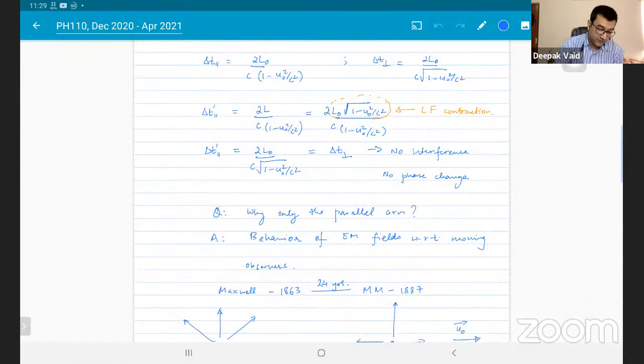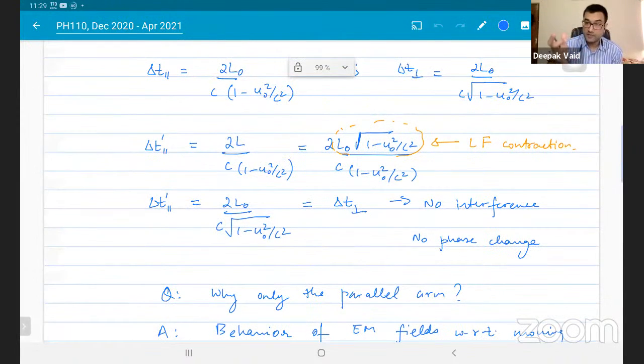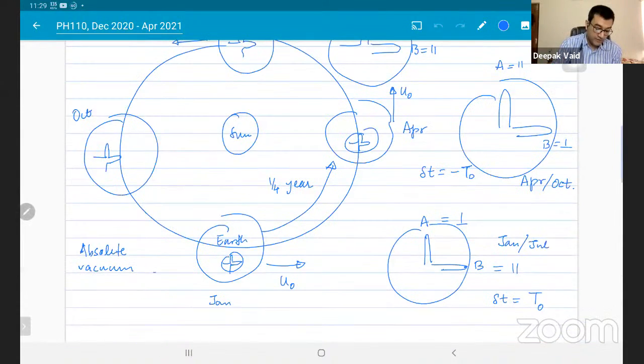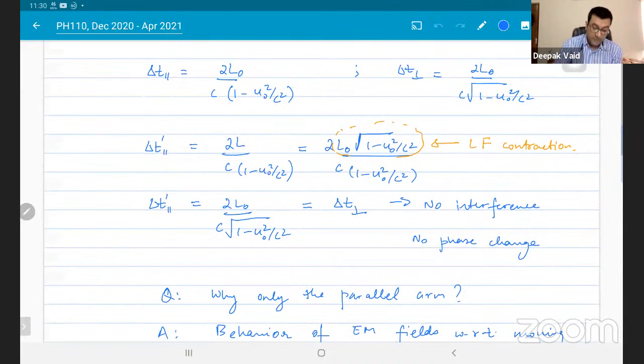And if you put this factor into the Michelson-Morley experiment, then what you find is that because of this contraction, whichever arm of the apparatus is aligned with the direction of motion of the Earth, that arm will shrink by just the right amount. Because of that shrinking, the time it takes for the beam to travel up and down and left to right will be the same.